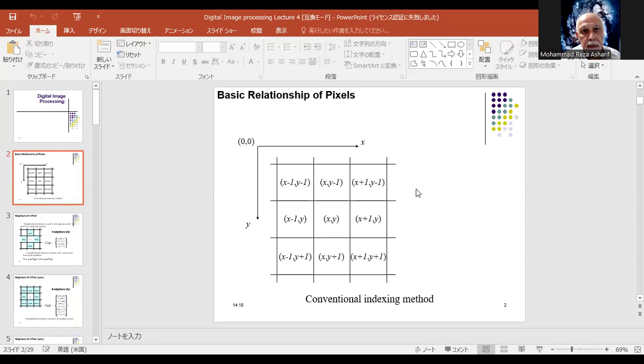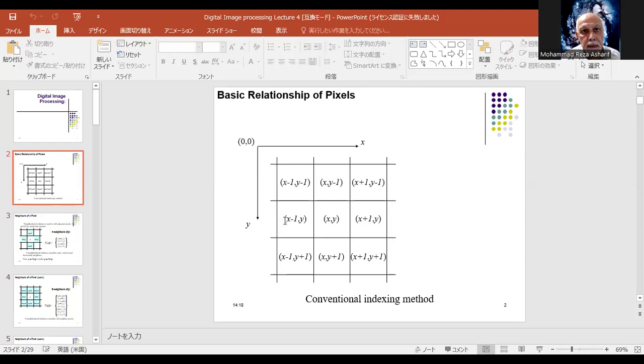Here is X minus 1, here is X, here is X plus 1, and here is Y minus 1, here is Y, here is Y plus 1.